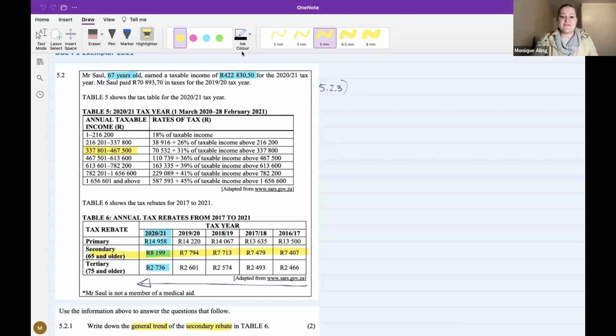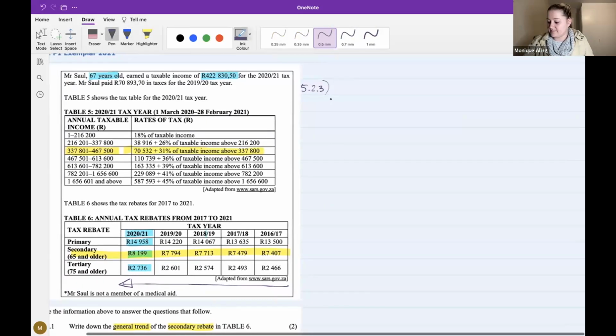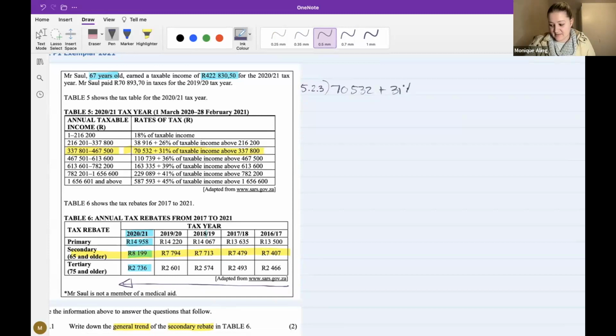Okay, guys, so let's have a look at how we'd work out the tax payable. So we've identified the correct tax brackets. So we'll be using the information on the side over here. Okay, so we calculate tax bracket, which gives us 70,532 plus 31%.